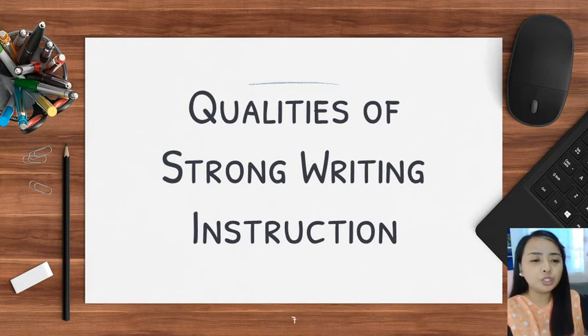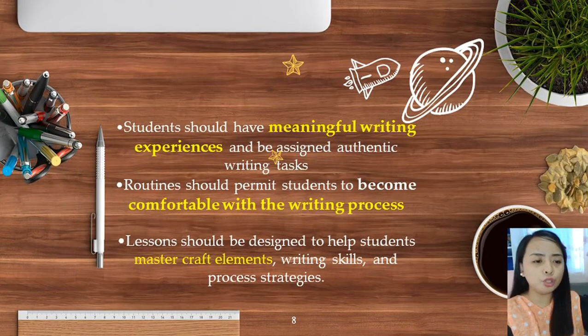First, students should have meaningful writing experiences and be assigned authentic writing tasks. According to Lucy Calkins, we cannot teach writing well unless we trust that there is a real or human reason to write.